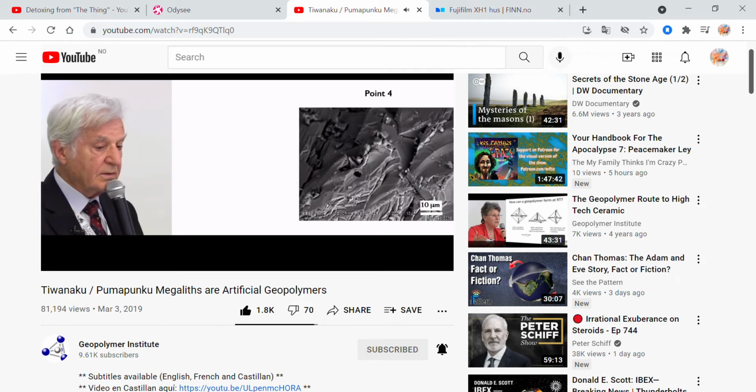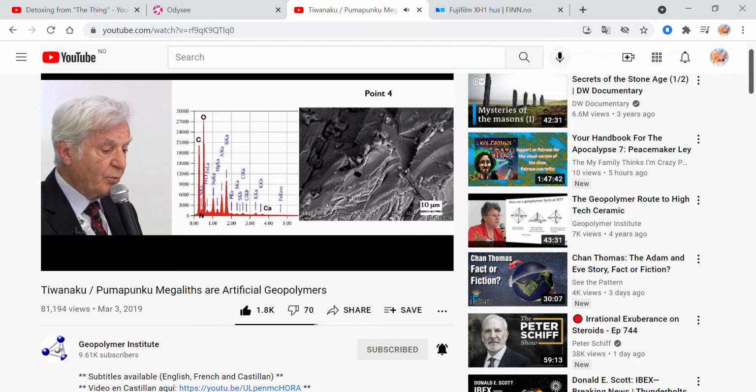We get the surprise of having a totally amorphous element that looks like rubber, gummy, anything. And we performed EDS. We got a high amount of carbon. We got nitrogen.